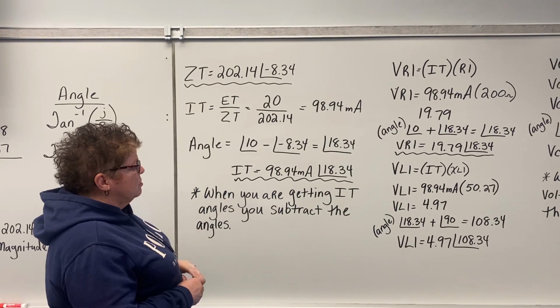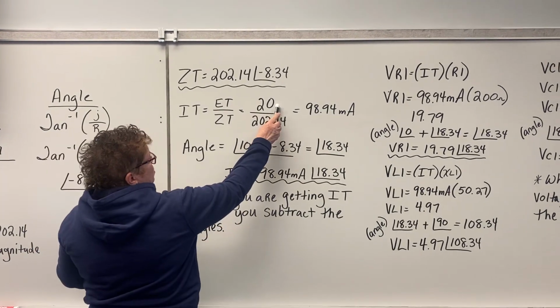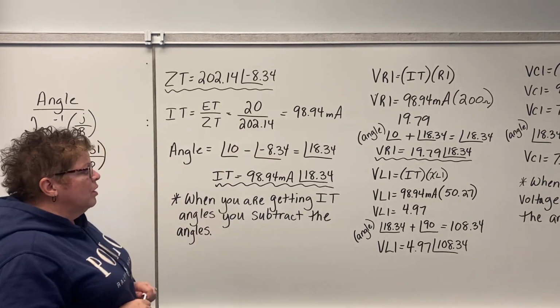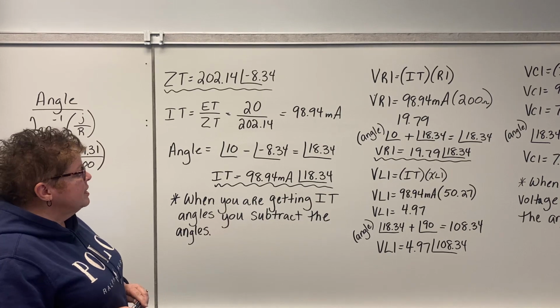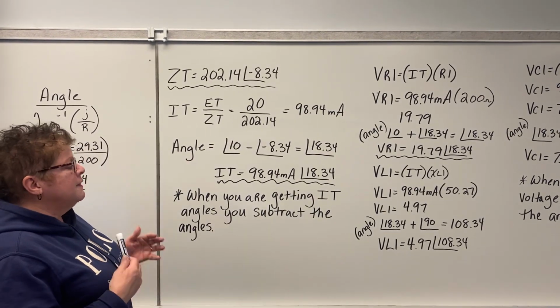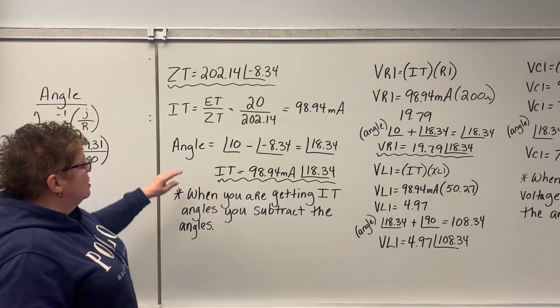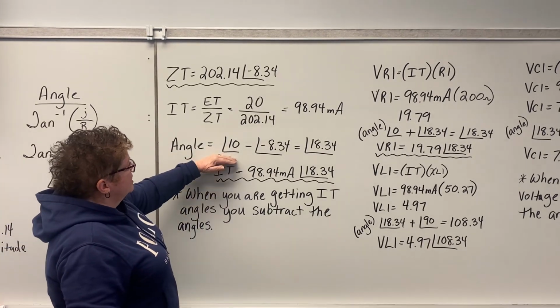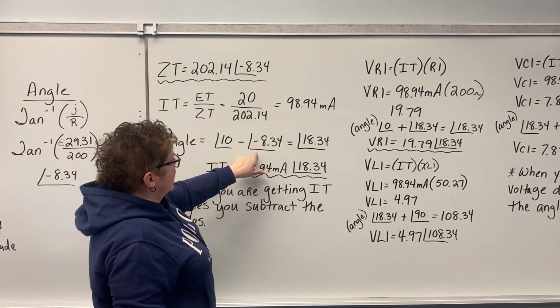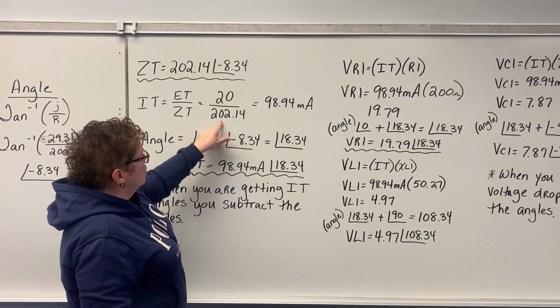So to get the current, it's the same equation, E total divided by Z total, but we're not using any angles. So it's 20 volts divided by the magnitude of 202.14, which gives us the current of 98.94 milliamps. To get the angle for that current, we're subtracting. We're taking 10, because it was 20 at 10, minus negative 8.34.